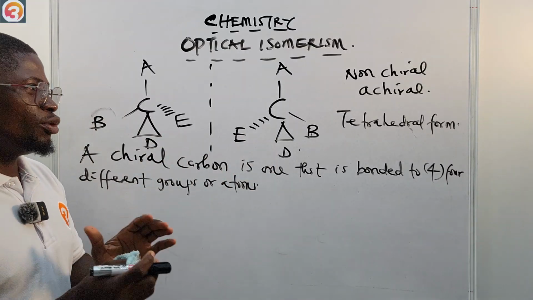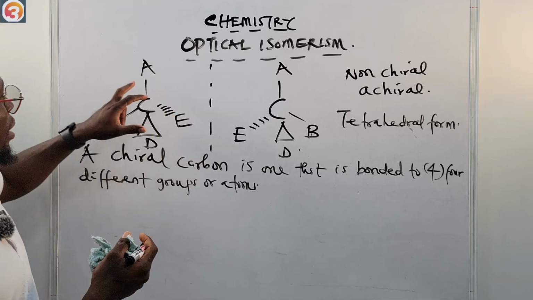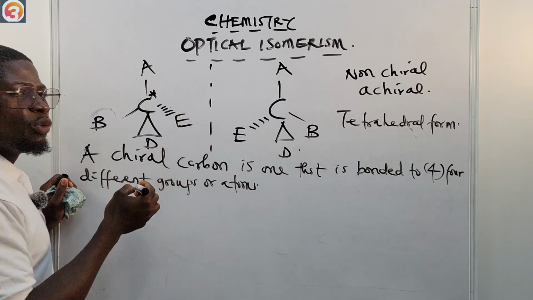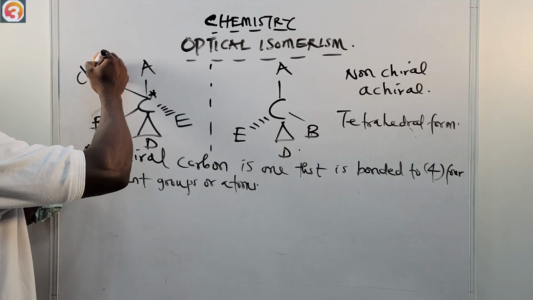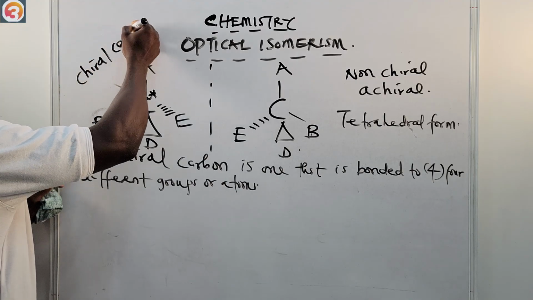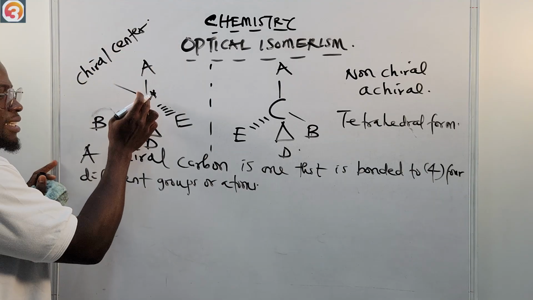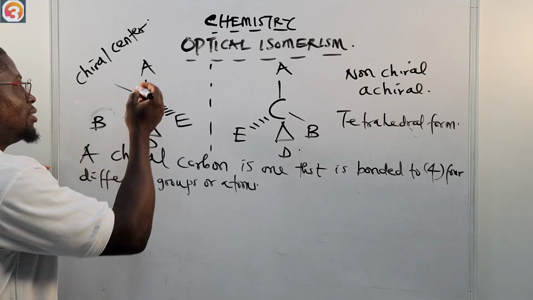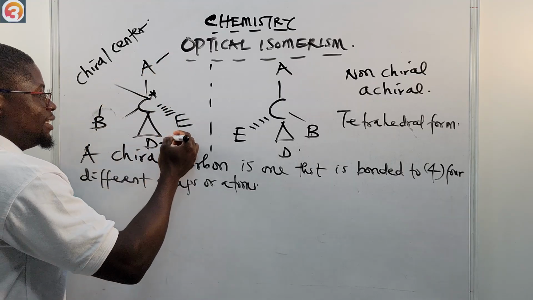They are non-superimposable. But what is more is that you can see this central carbon atom is called the chiral carbon, or we say this is the chiral center. It is bonded to 4 different groups. You have A, you have B, we have D, we have E.